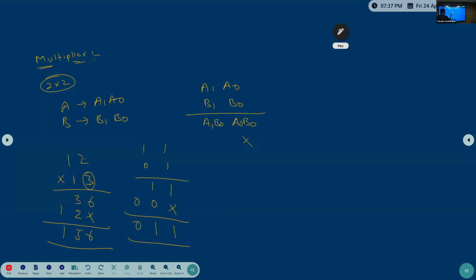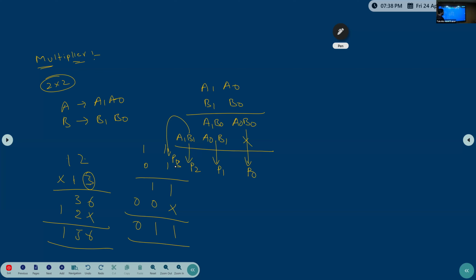Then B1 A0, and A1 B1. Now this one is product P0, this is product P1, this is product P2. If any carry comes from this, that is product P3.